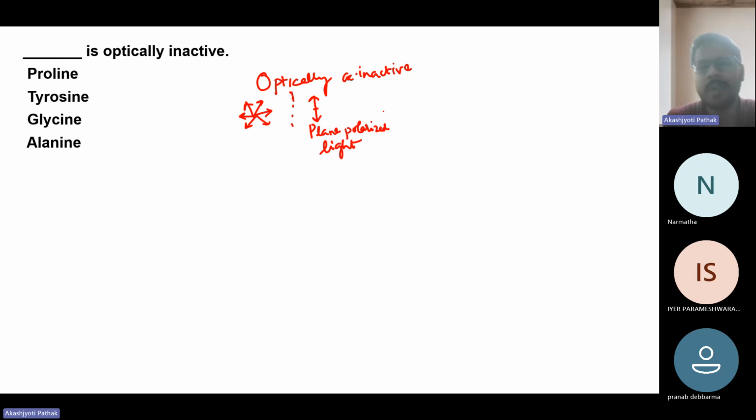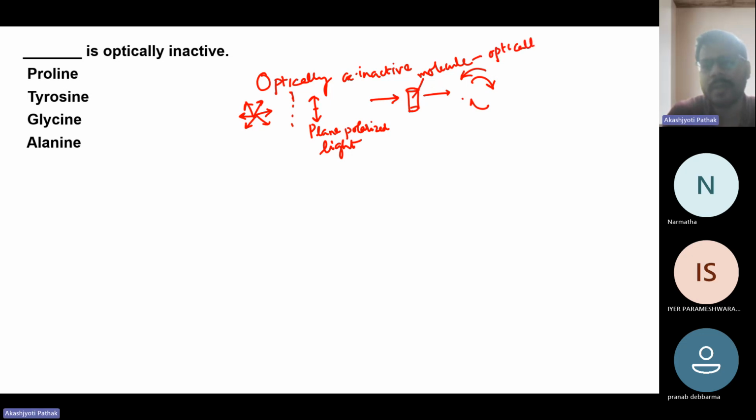Now if this plane polarized light passes through a molecule, and this molecule can rotate the plane polarized light in either clockwise or anti-clockwise direction, then we say that this molecule is optically active.